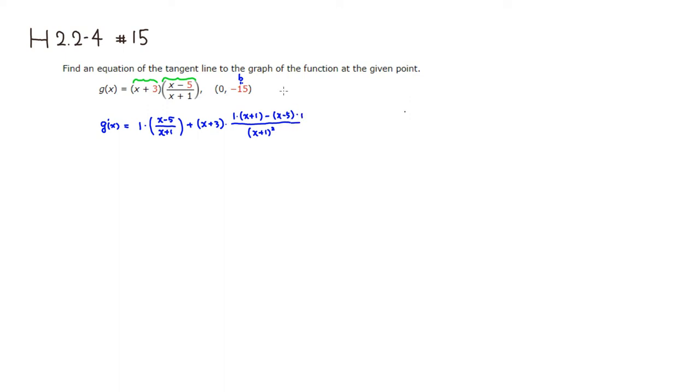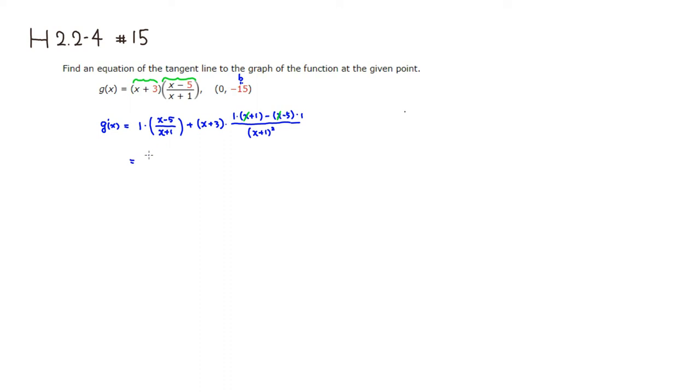We can simplify a little bit. The x minus x cancel out, so you have 1 minus negative 5, so it's going to be plus 6 on top.